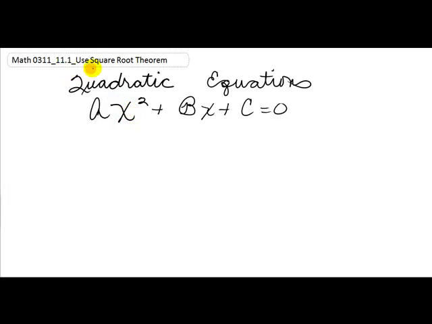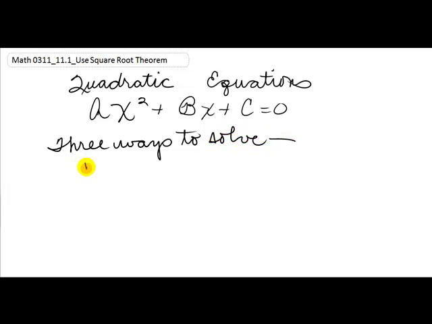For 11.1, we're going to use the square root theorem. We have 3 ways to solve these. The first way is the square root theorem.